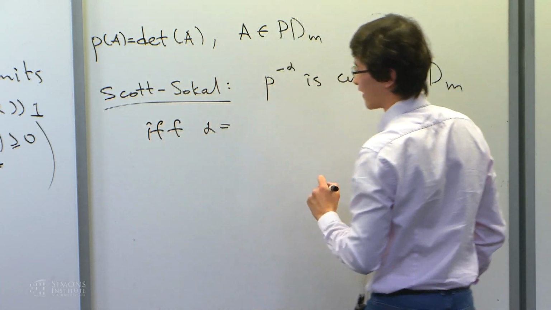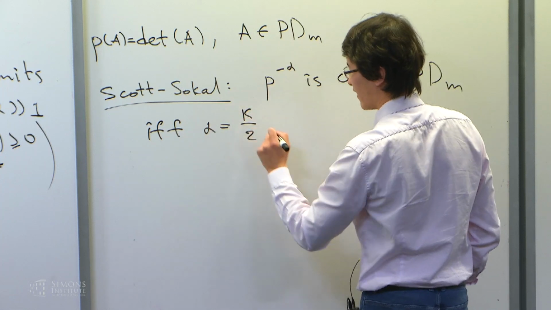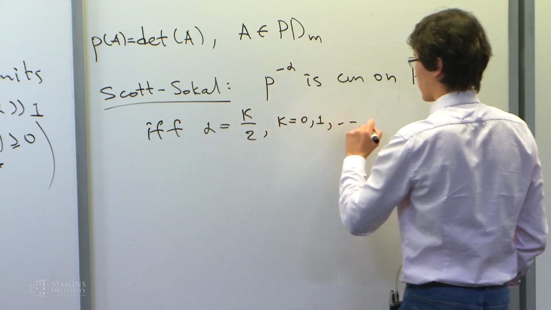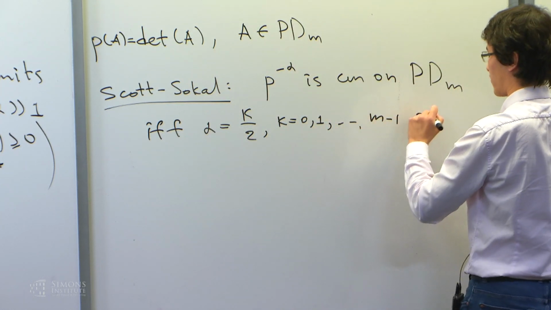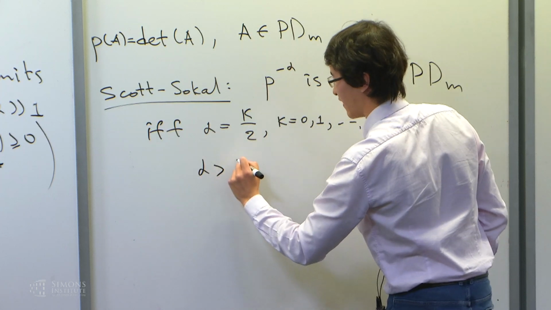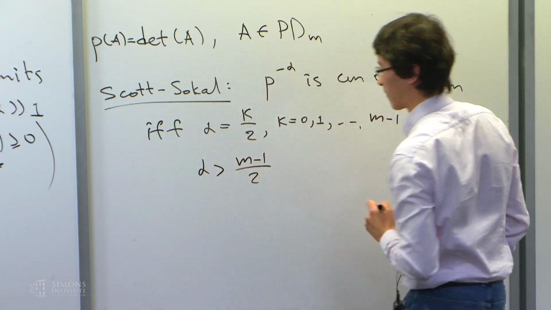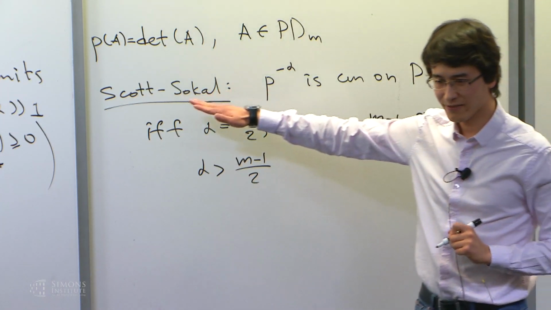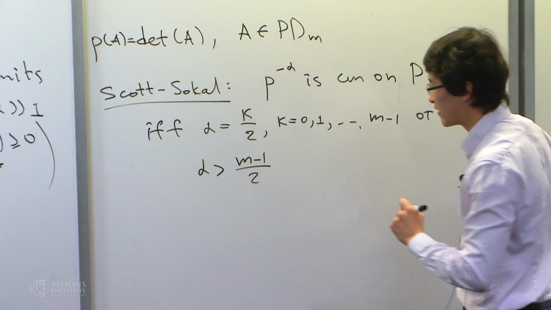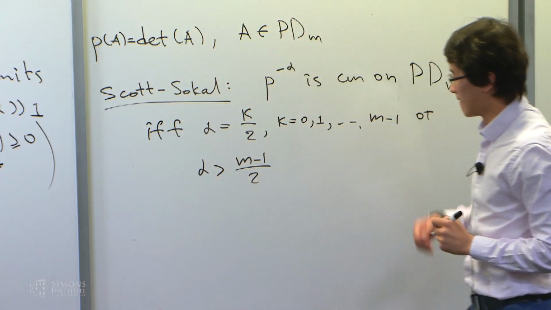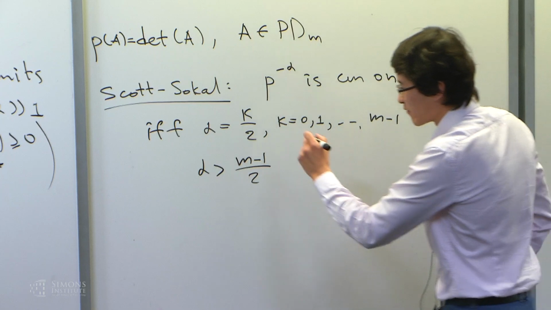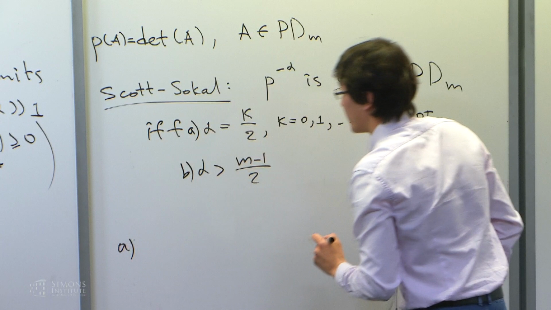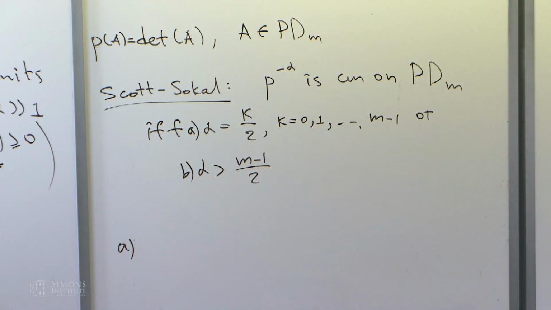If and only if alpha is one of the following: it's either k over 2, a half integer, where k is from 0 to m minus 1, or alpha is greater than m minus 1 over 2. Okay, so it's a complete list of exponents for which this function is completely monotone. And moreover, we can write down the Riesz kernel. For example, let's call the first case A and the second case B. In the first case, A, the Riesz kernel is given by the following integral representation.